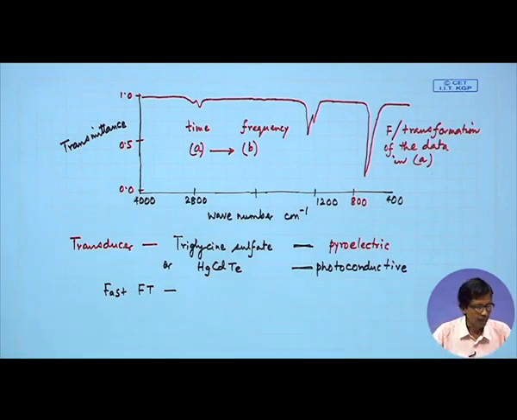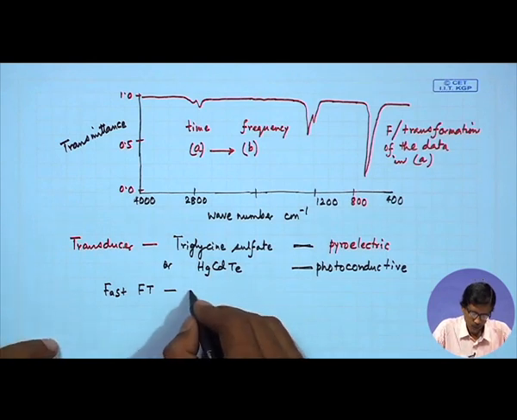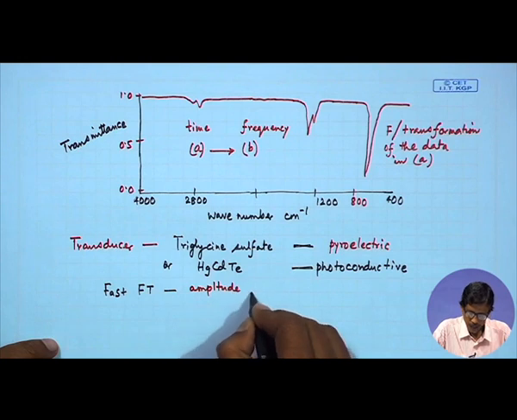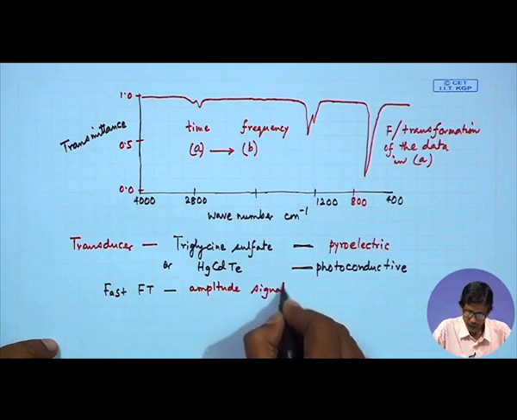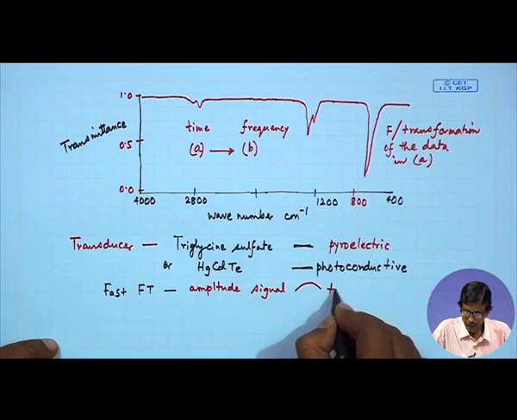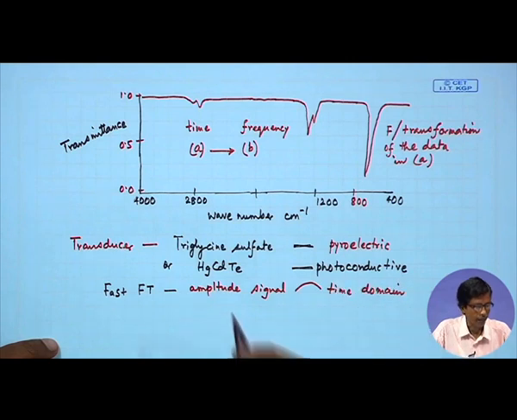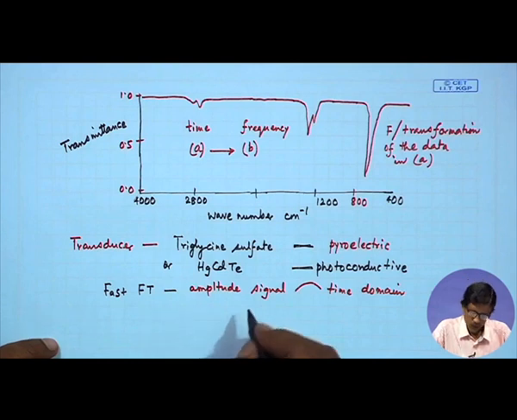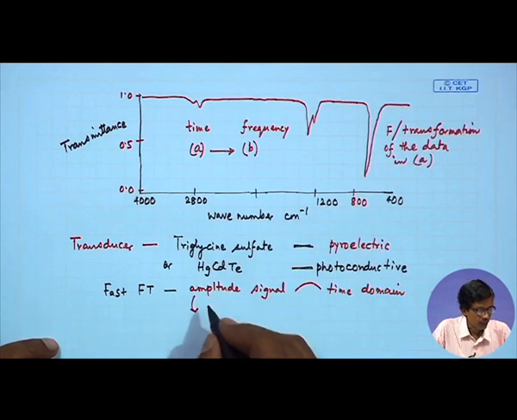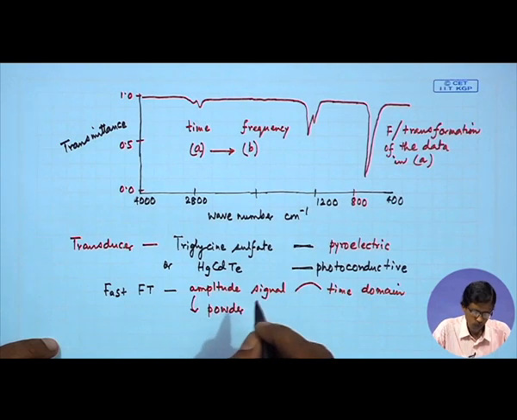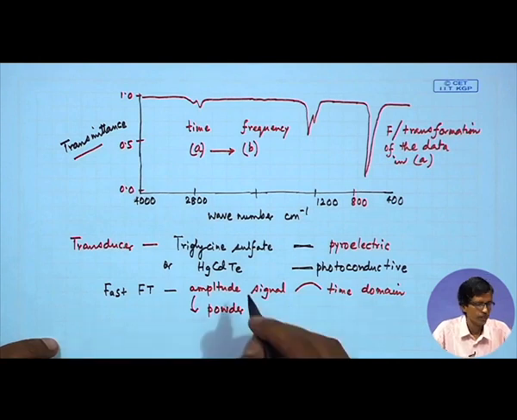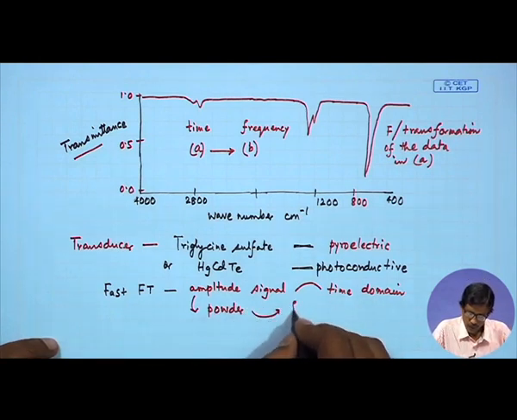So, we have the amplitude signal in time domain, which can be converted to power. This amplitude we basically convert to power as well as the transmittance and power in the corresponding frequency domain.